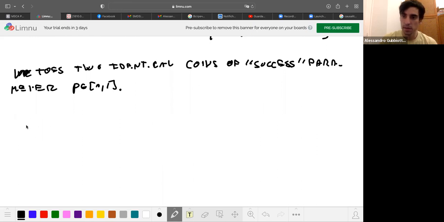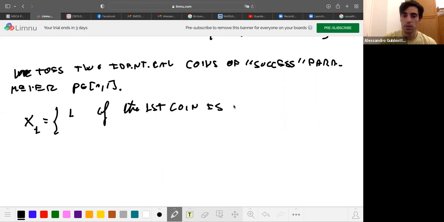Let's put this in a mathematically rigorous way and define X1, which is equal to 1 if the first coin is heads, 0 otherwise.